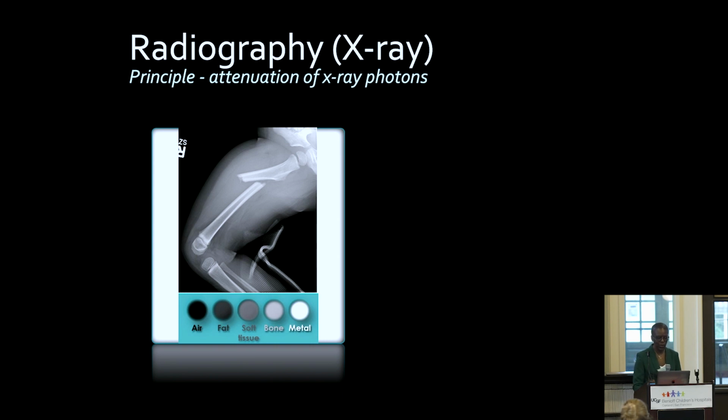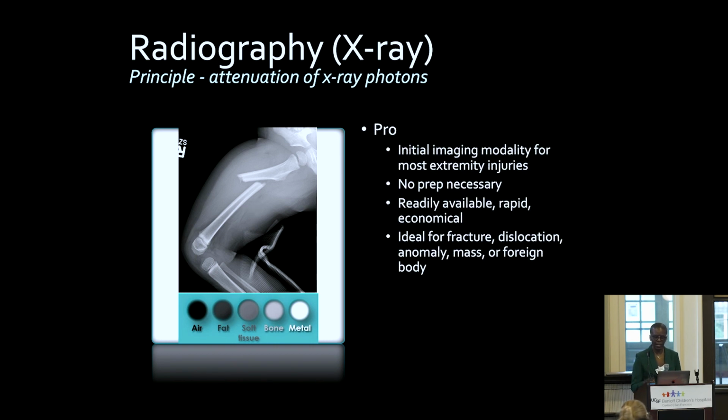X-ray is the initial imaging modality for most extremity injuries. There's no prep necessary. It's readily available, it's economical, and it's ideal for a fracture, as we can see in this film. With the X-ray beam, when something is not dense, such as air, it goes right through the film and is dark, whereas with bone or metal, you see increasing density. The disadvantage of X-ray is that there is ionizing radiation involved and it is limited for soft tissue detail.